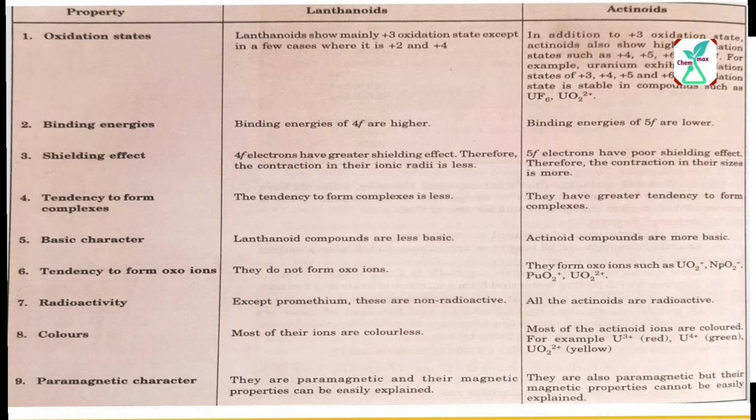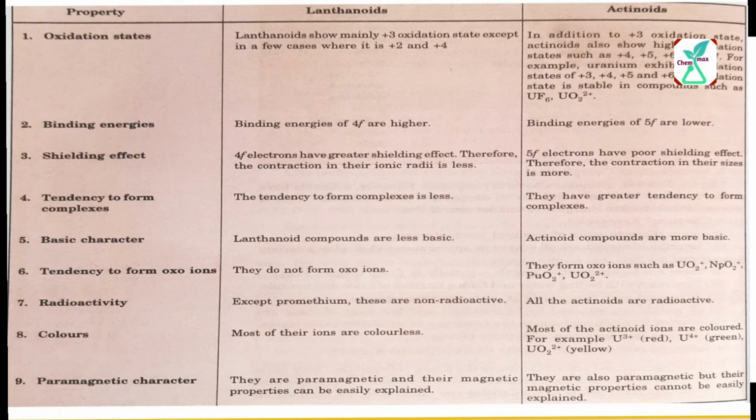The nitrates, perchlorates and sulfates of the trivalent actinides as well as lanthanides are soluble, while the hydroxides, fluorides and carbonates are insoluble. Actinides, like lanthanides, also show ion exchange behavior.